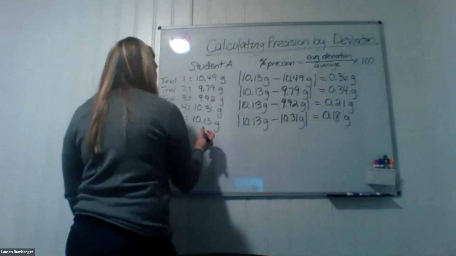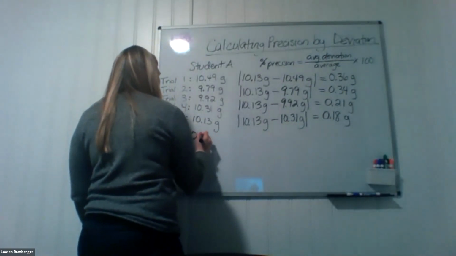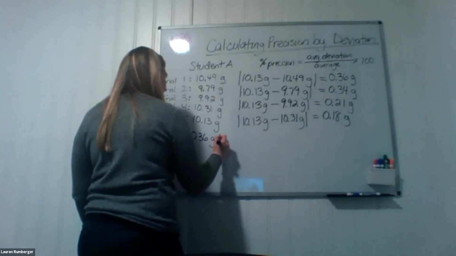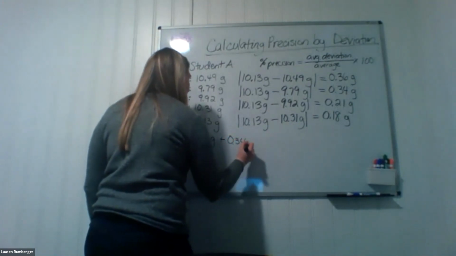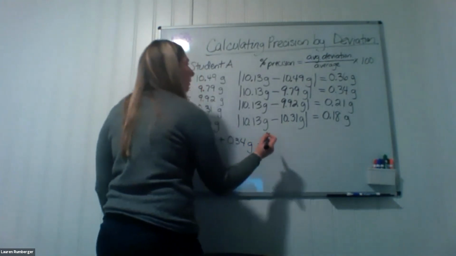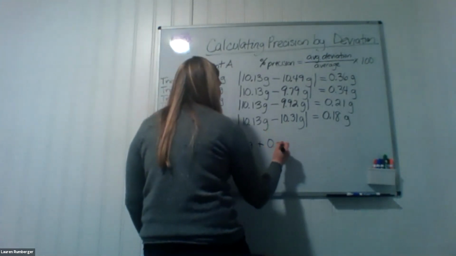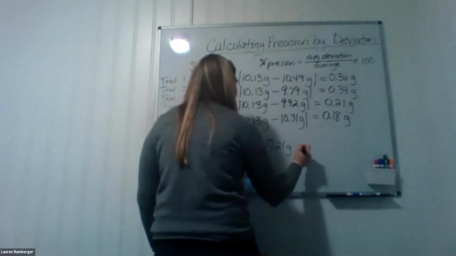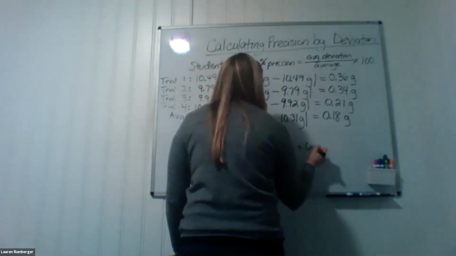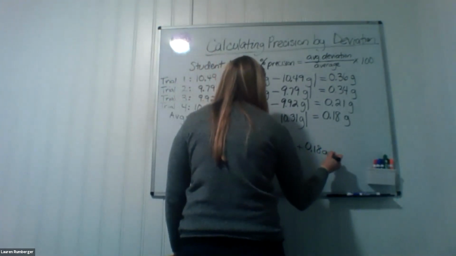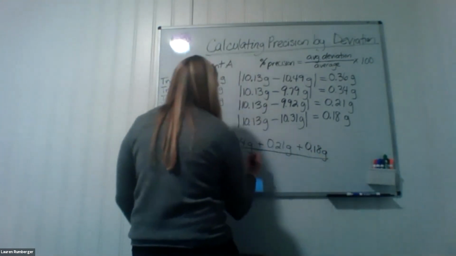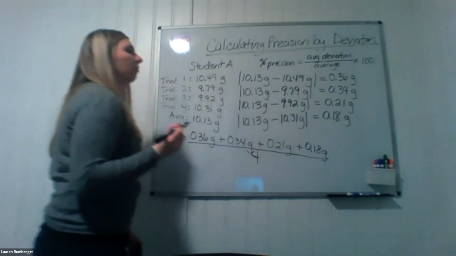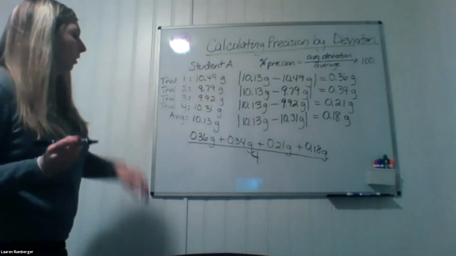We will begin with 0.36 grams plus 0.34 grams plus 0.21 grams plus 0.18 grams. And we're going to divide this by 4 since there are 4 measurements.